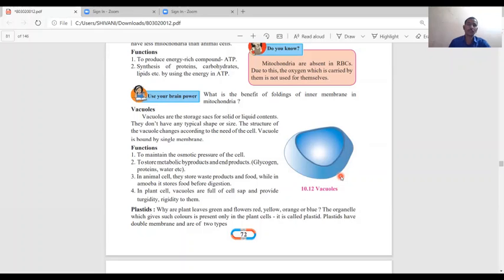Functions of vacuoles. To maintain the osmotic pressure of a cell. Vacuoles maintain the osmotic pressure of a cell. Now we already know osmosis.